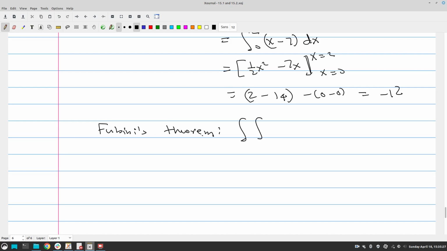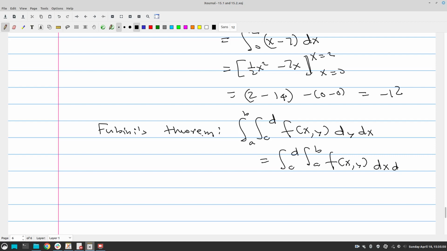It's basically the integral from c to d of the integral of f(x,y) dy dx equals the integral of f(x,y) dx dy. And what is Clairaut's theorem?